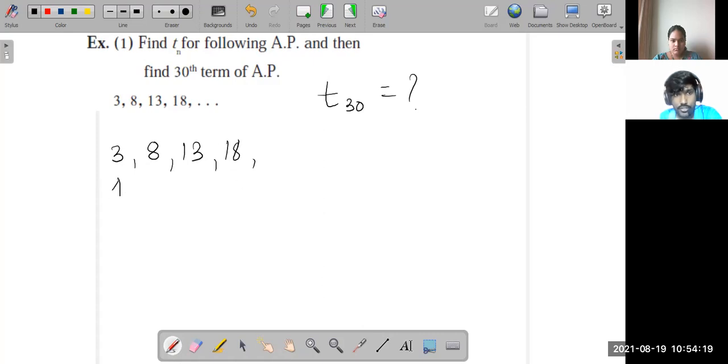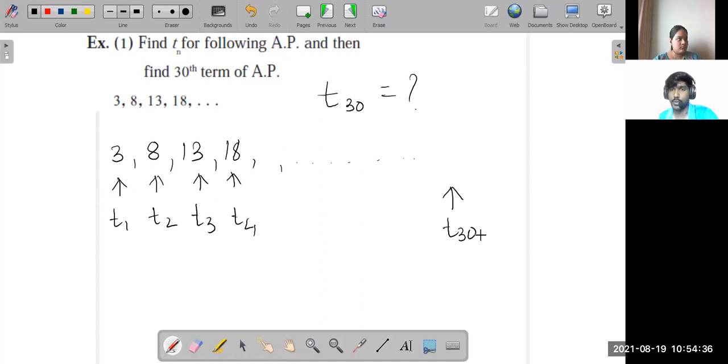So T1 is 3, T2 is 8, T3 is 13, T4 is 18, and so on. They are asking you to find which number is in the 30th position. T30 you have to find out. Question is clear now, what you have to find?